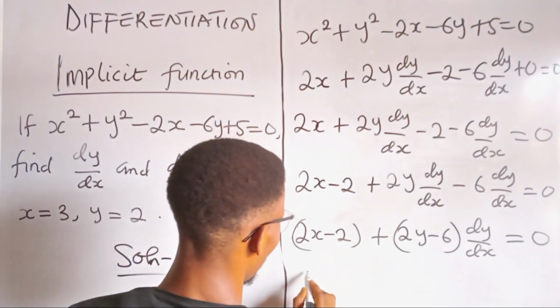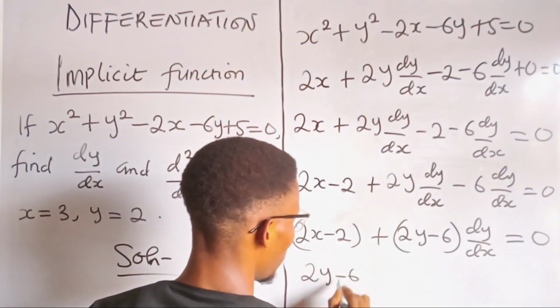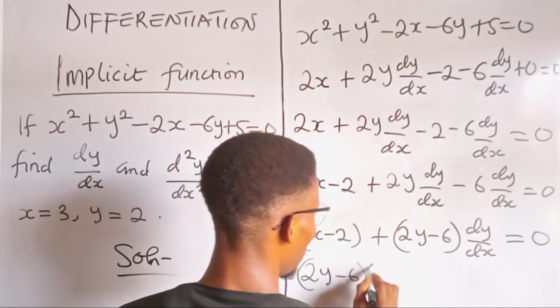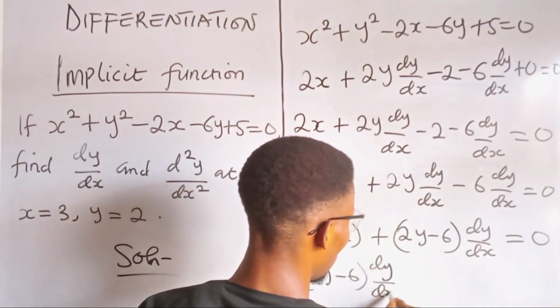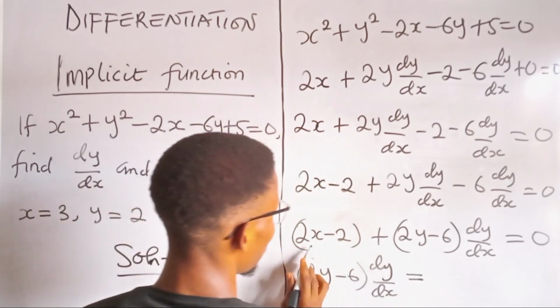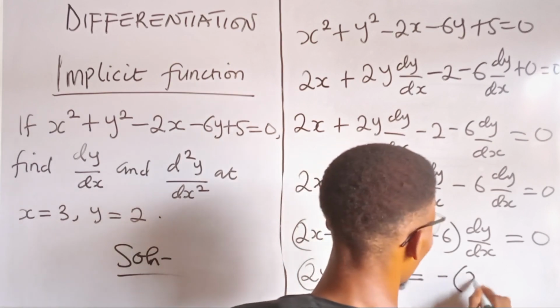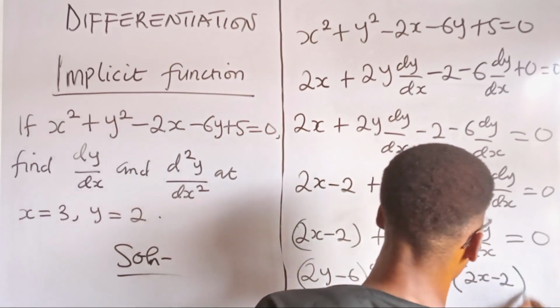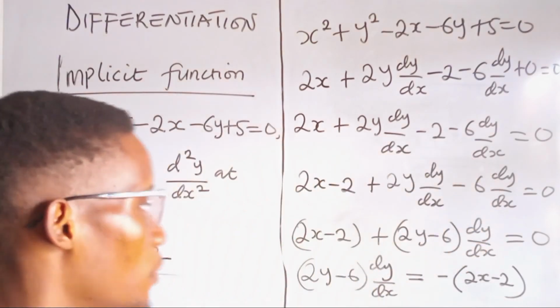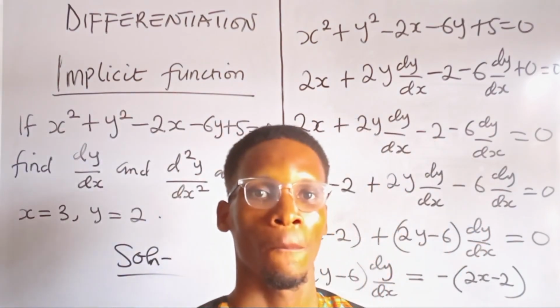So we have 2y minus 6 times dy over dx equals minus the bracket 2x minus 2. I hope you are following along.